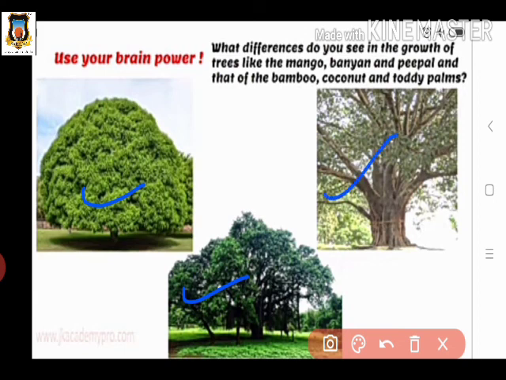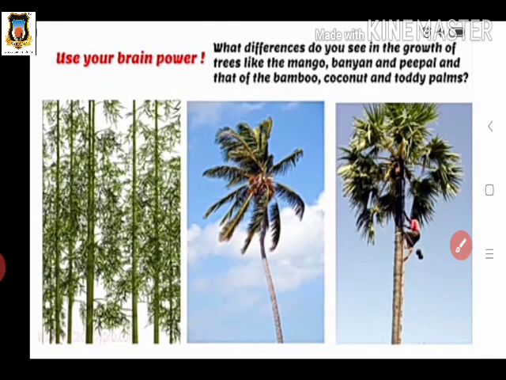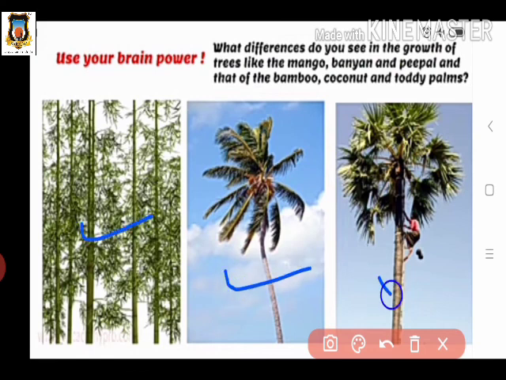So find out, if we see the growth of trees like mango, banyan and peepal, and compare the growth of these three trees with the growth of three other trees, that is bamboo, coconut and toddy palms, okay?